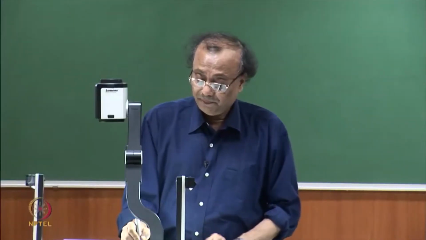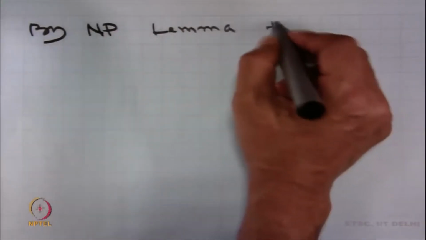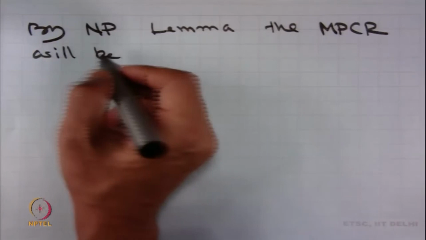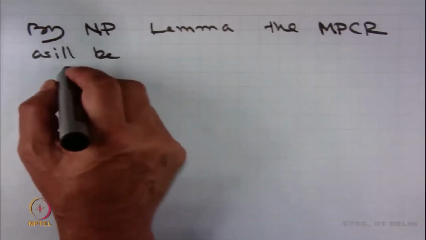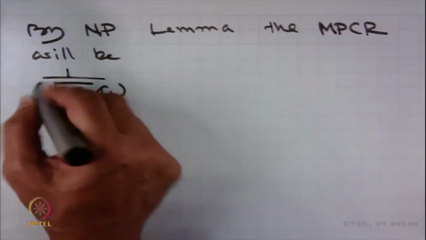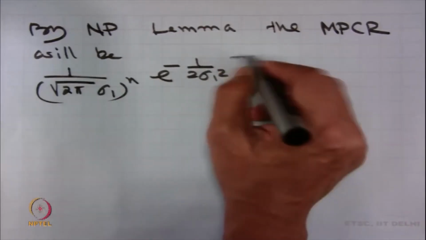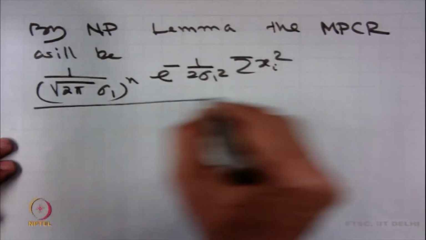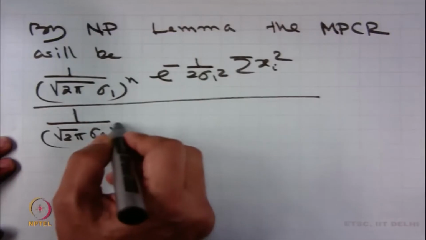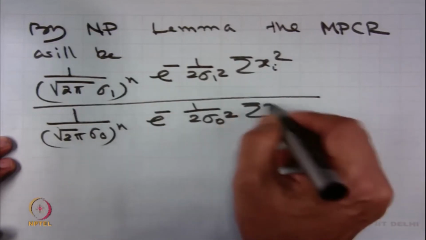By Neyman-Pearson lemma, the most powerful critical region will be 1 upon root over 2 pi sigma 1 whole to the power n into e to the power minus 1 upon 2 sigma 1 square sigma xi square, upon 1 over root over 2 pi sigma naught whole to the power n e to the power minus 1 upon 2 sigma naught square sigma xi square.